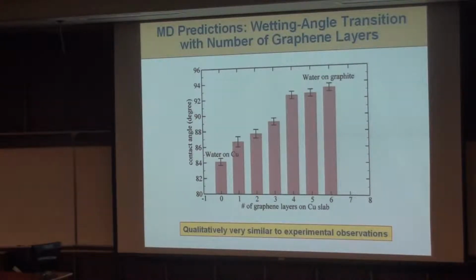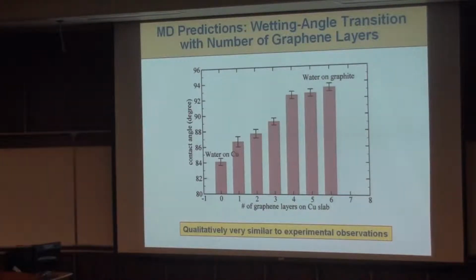So we matched the binding of water to copper and water to graphite to make sure that these values were reasonably close to what we had in the experiment. And then we added 1 graphene layer, 2 graphene layers, 3 graphene layers, 4 graphene layers, and you see the same gradual transition in the contact angle from pure copper to bulk graphite.